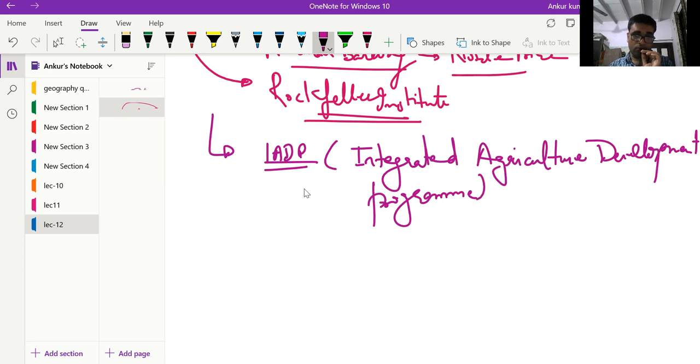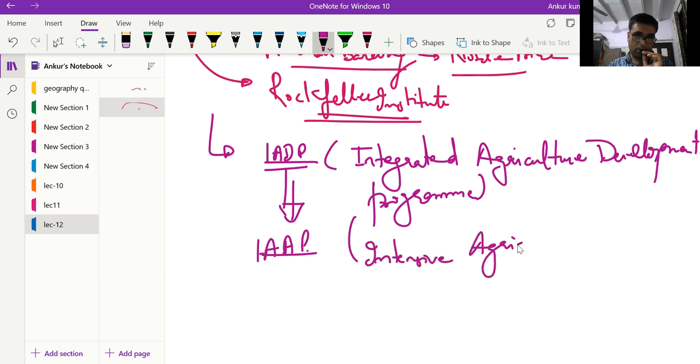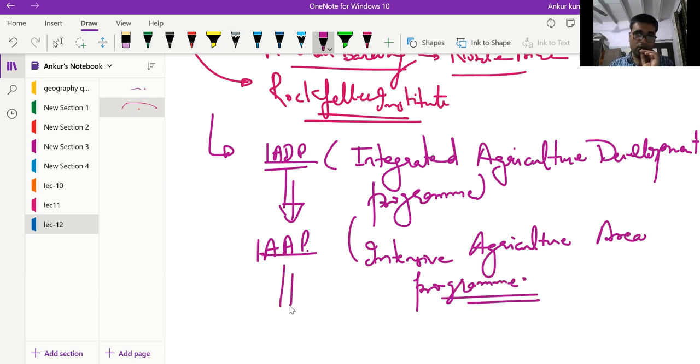This name was later changed to the Intensive Agriculture Area Program, which later on became the HYV program, the High Yielding Variety Program.